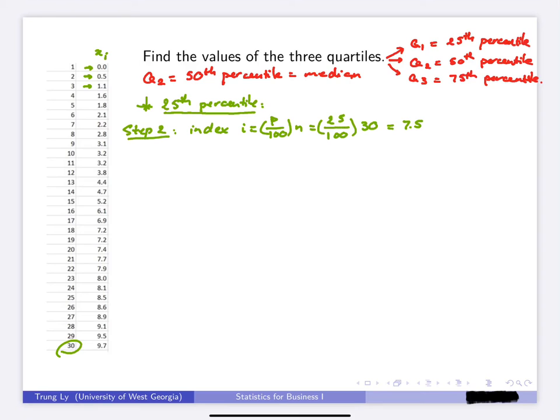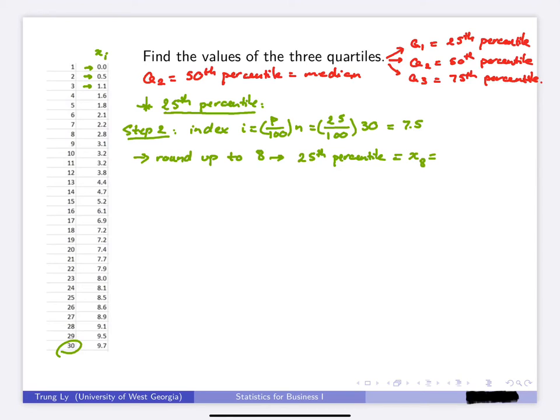Now 7.5 is not an integer, so you want to round up to 8. And so the 25th percentile is going to be the 8th observation in the data set.